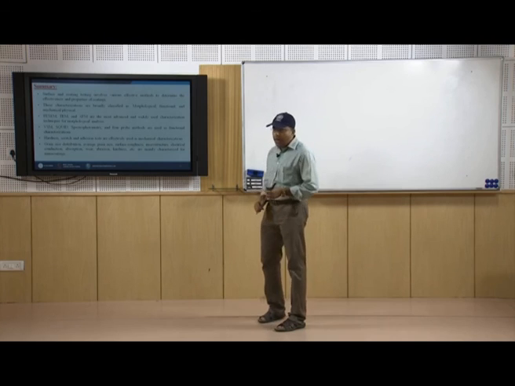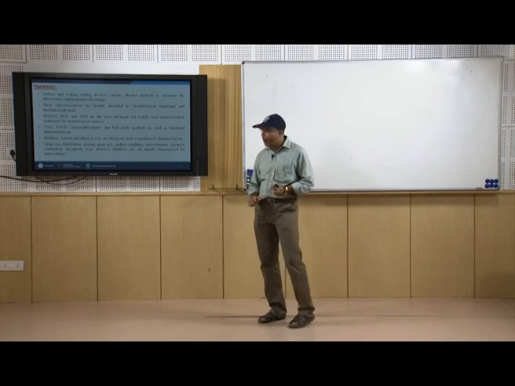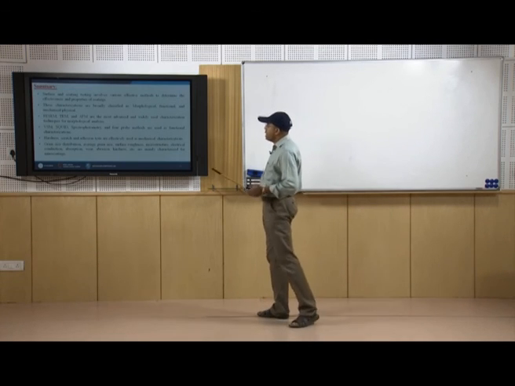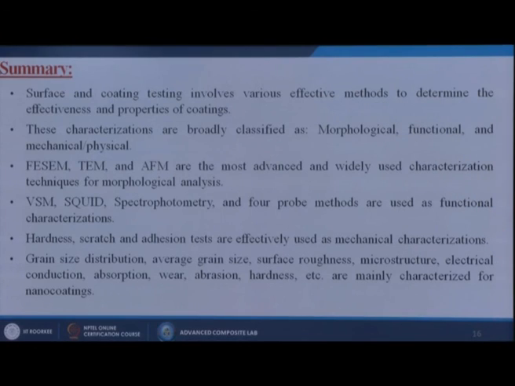So now we have come to the last slide of this particular lecture, which is called the summary. In summary, we have discussed that surface and coating testing involves various effective methods to determine the effectiveness and properties of coatings. These characterizations are broadly classified as morphological, functional, and mechanical or physical.